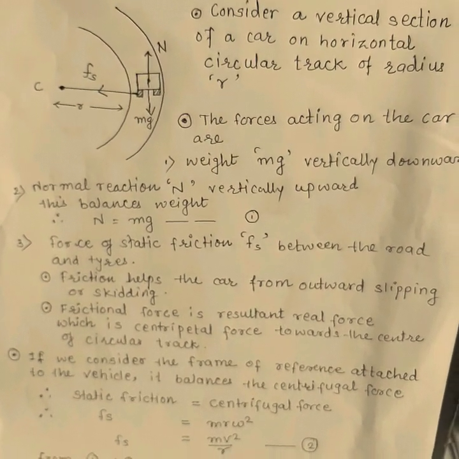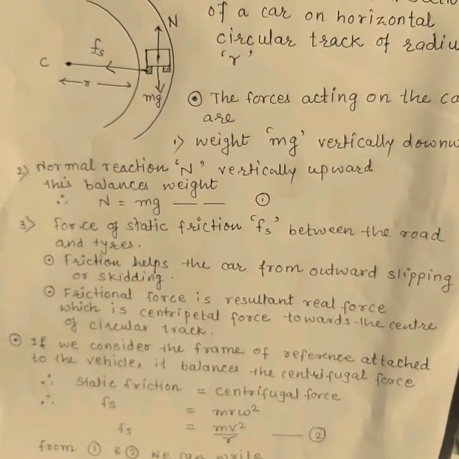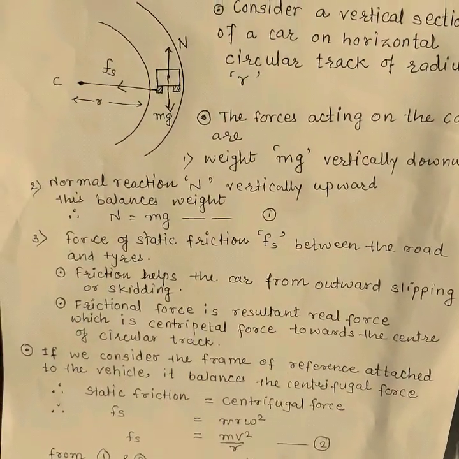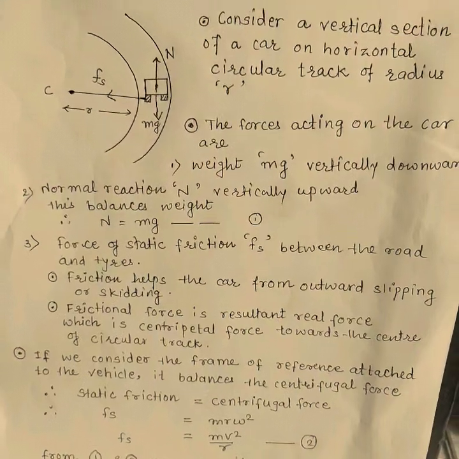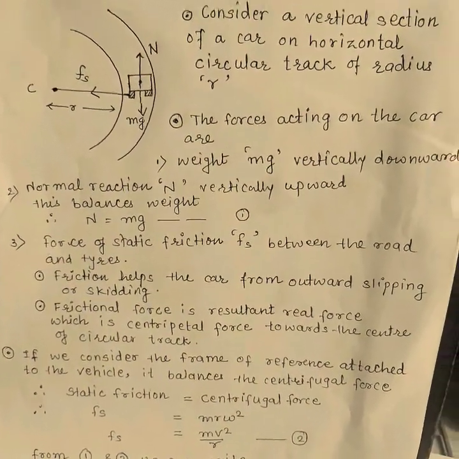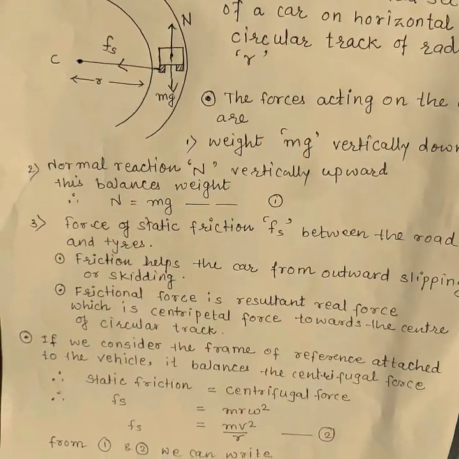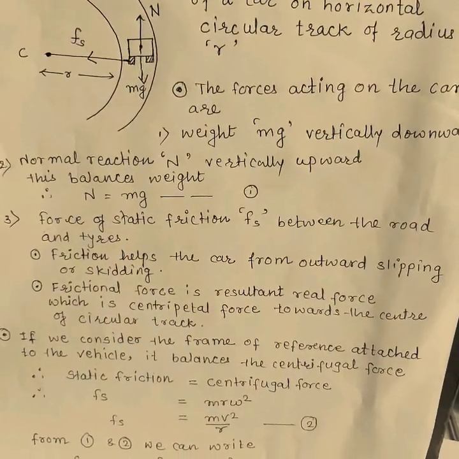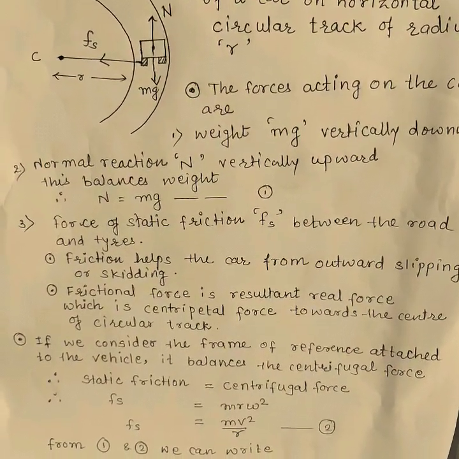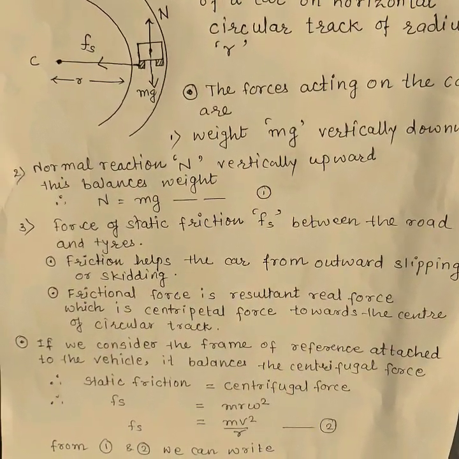Therefore, we can write the equation that normal reaction N is equal to mg. And the third force acting is the force of static friction between the road and the tires. So, friction helps the car from outward slipping or skidding.